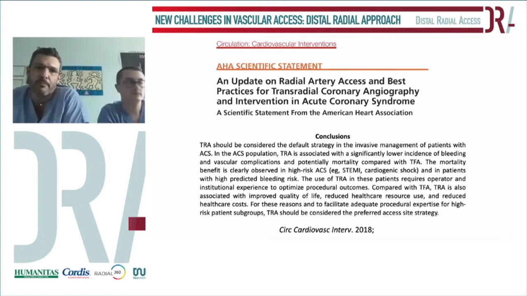This is a report, an update from the American Heart Association, in which the transradial access is suggested as a default strategy in patients presenting with acute coronary syndrome because of a great reduction in terms of bleeding and vascular complication compared with the transfemoral approach.